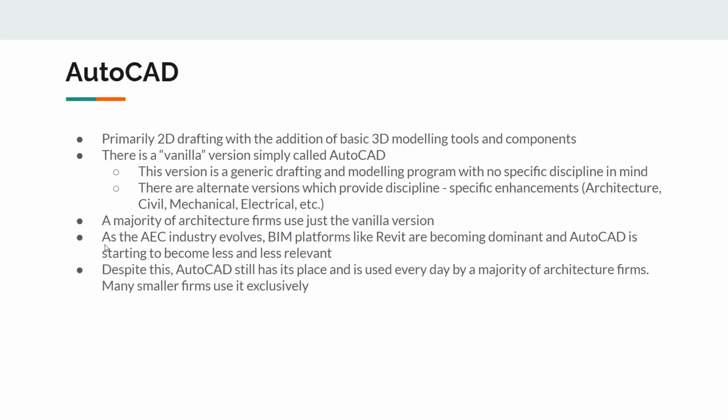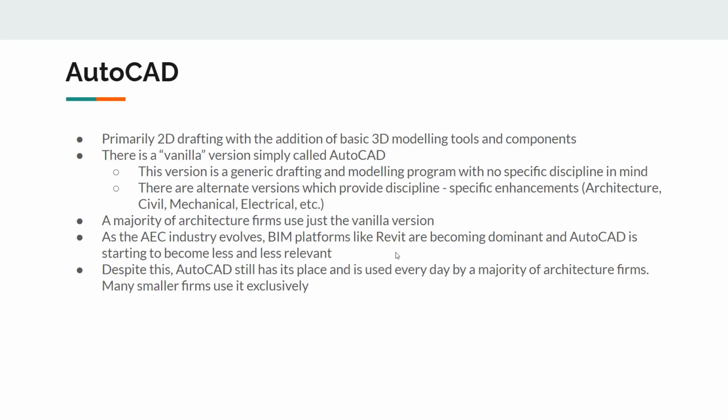All right, as the AEC industry evolves, BIM platforms like Revit are becoming more and more dominant, and AutoCAD is starting to become less and less relevant. All right, so when you go to work in an office nowadays, a lot of them are moving on to platforms like Revit, and Revit is the last program that we're going to be covering in this class, but basically that is a 3D modeling program. And it does a lot of things that AutoCAD can't do.